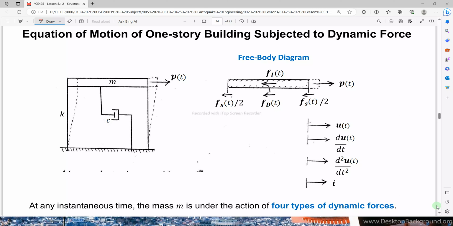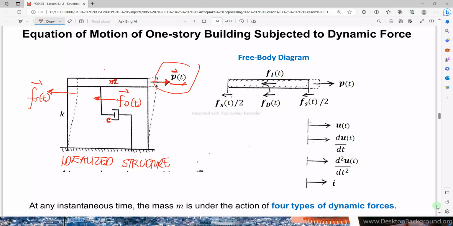So to have a dynamic equilibrium, since we have a mass of the structure, there should be an inertia force f sub I of t, and that is a vector quantity. So for our FBD, we have an applied dynamic force in that direction, and then we have our resisting force here, the elastic restoring force caused by the column.